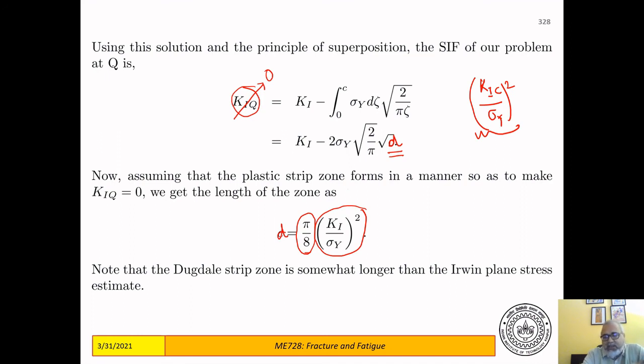These analyses rely mostly on elastic calculations, linear elastic fracture mechanics results, and the use of a yield condition. We haven't gone beyond that. So to go beyond that, we have to look at plasticity a little bit more carefully, and we'll start doing that in the next week.